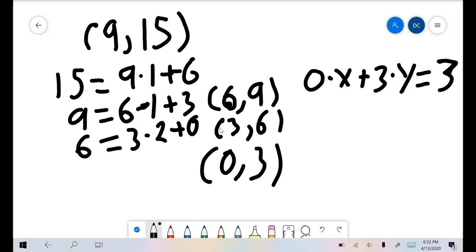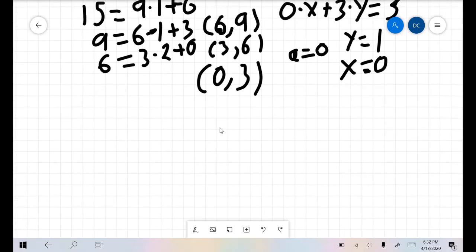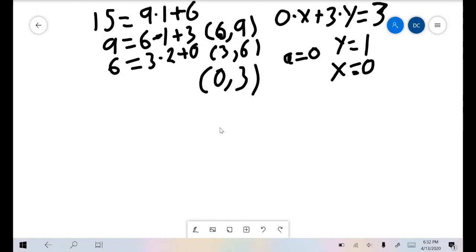And y, it is obvious that y is equal to 1. So here we have our base case. When a equals 0, y is going to be equal to 1, and x is going to be equal to 0. So let's try to find the values of x and y for 3 and 6, for example.